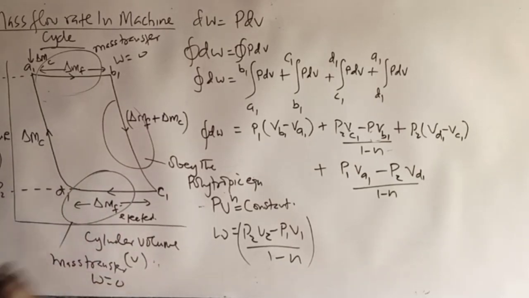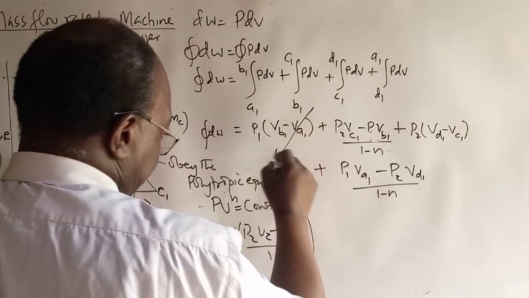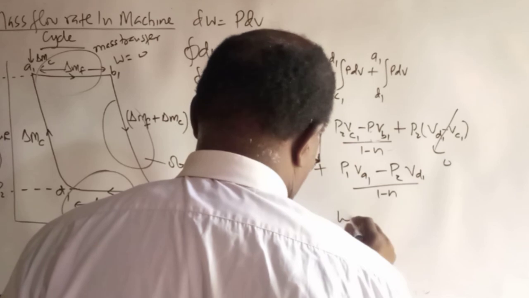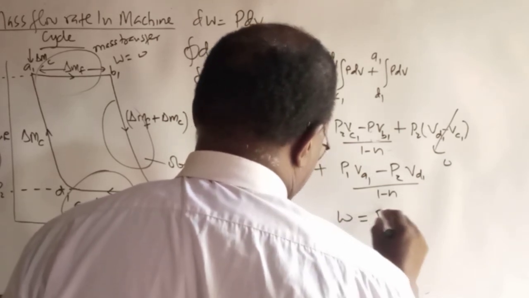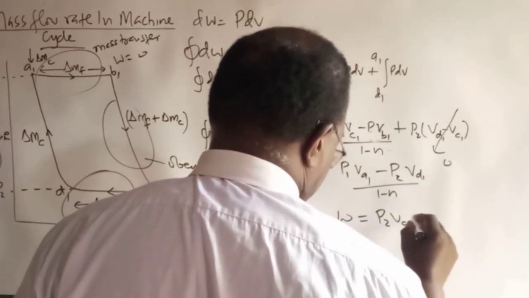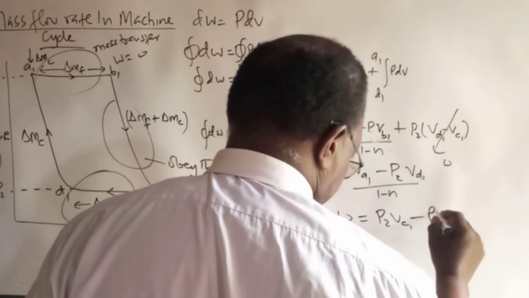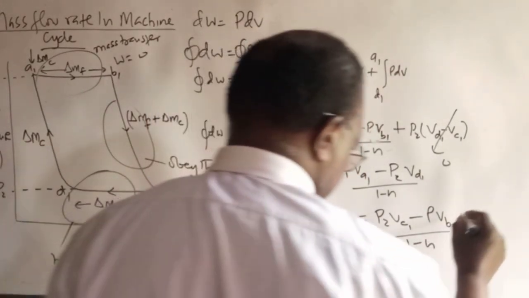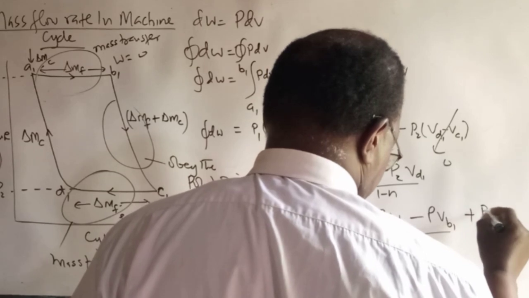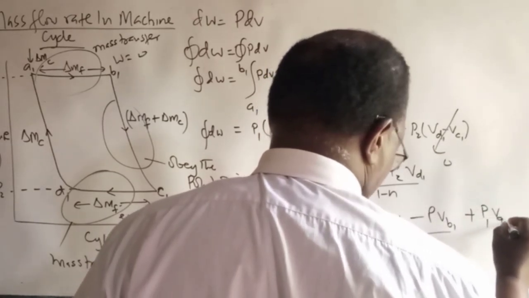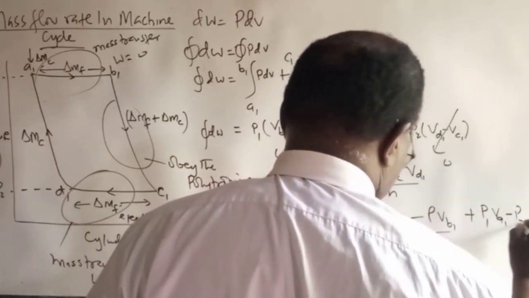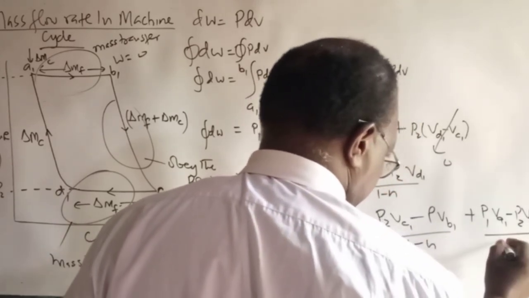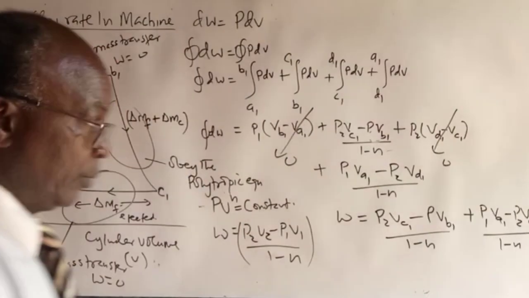Therefore, W is equal to 0. So those quantities there, that is 0, and that becomes 0. So we are left with W is equal to P2VC1 minus P2VD1 over 1 minus n plus P1VA1 minus P1VB1 over 1 minus n.